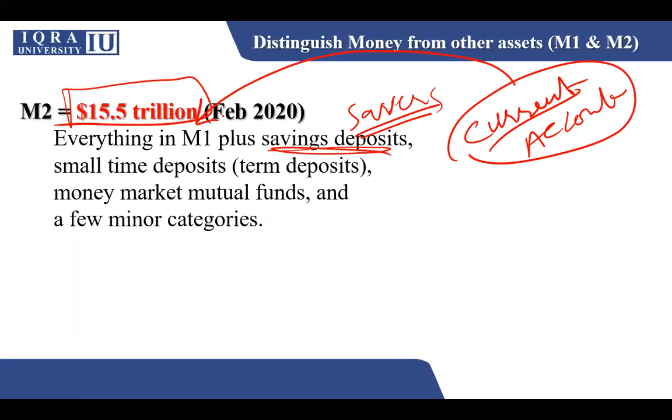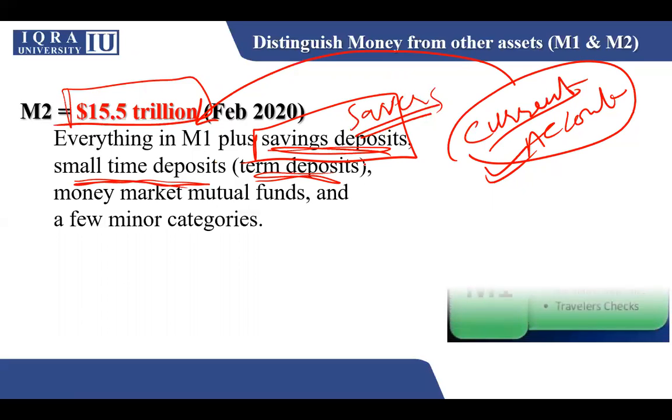So when we are talking about M1, we only include the current account, checking account, or depositors' account, which is demand deposits. But when we move towards M2, we are including saving accounts, small time deposits like fixed deposits or term deposits, money market mutual funds, and a few minor categories.